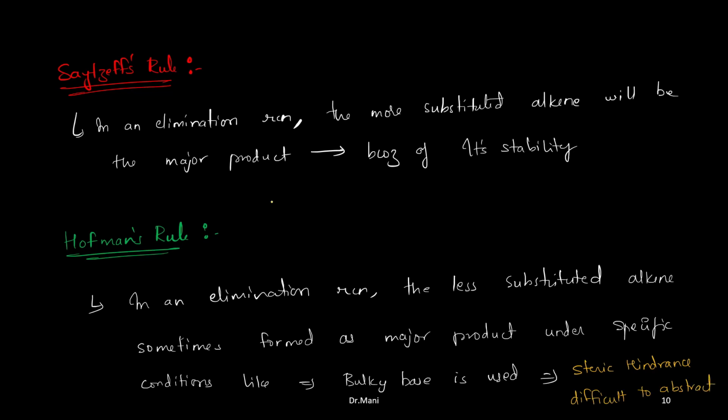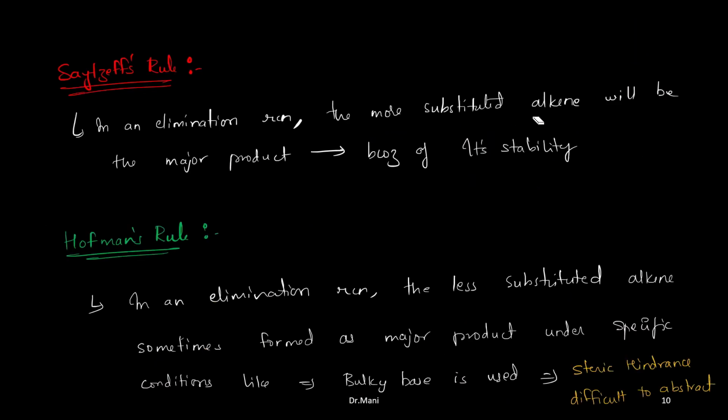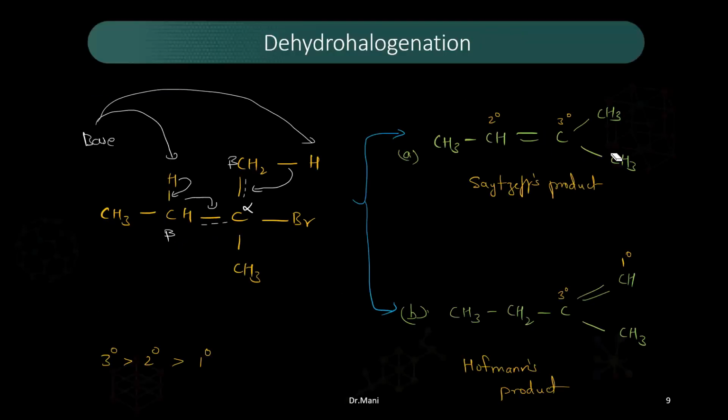What is this Saytzeff rule saying? So in an elimination reaction, the more substituted alkene will be the major product. So if you see here, this is the Saytzeff. So here, this carbon you take, it is substituted with two other carbons and it is attached with some other. So it's a tertiary. Tertiary is most substituted. And if you see the secondary, it is also having one group that is attached. So it is more possible according to Saytzeff product, because he says that the more substituted, the more major it will be. And it gives stability if it is attached with more groups.